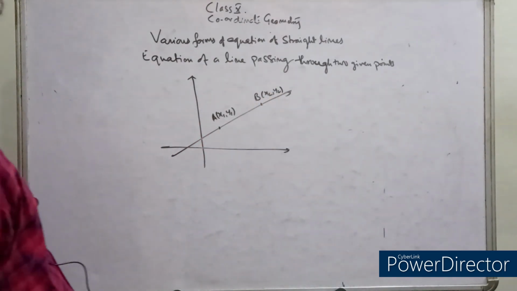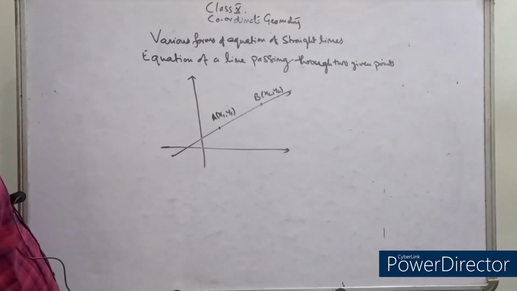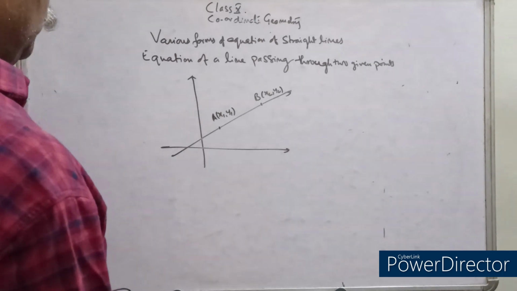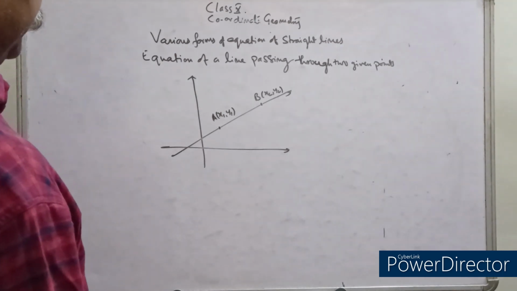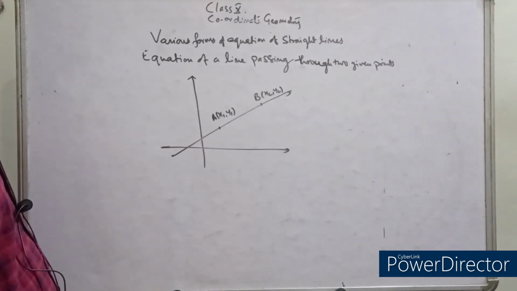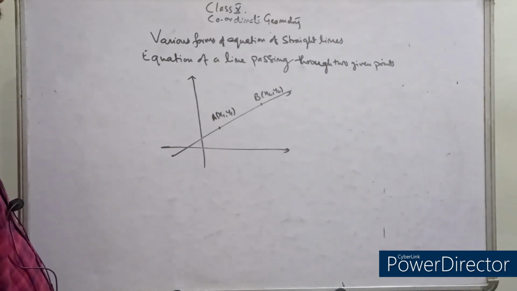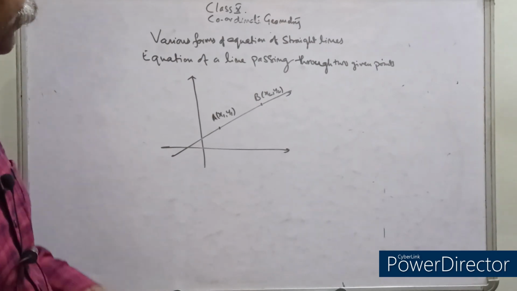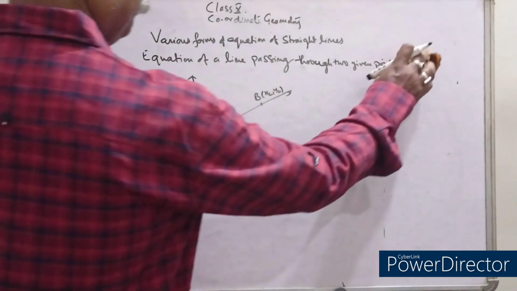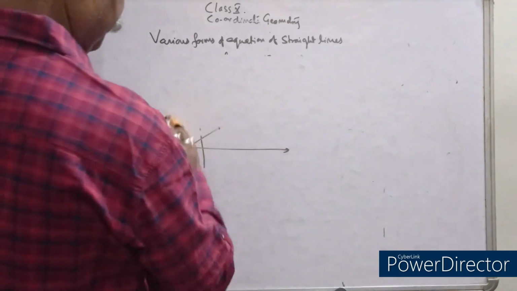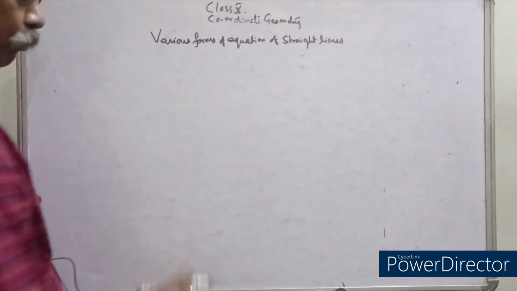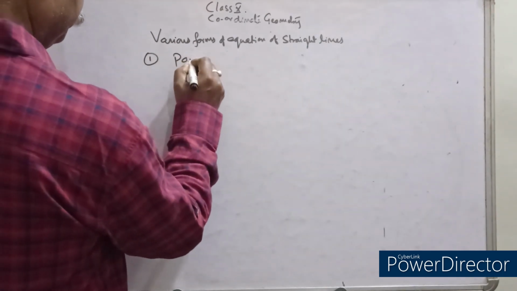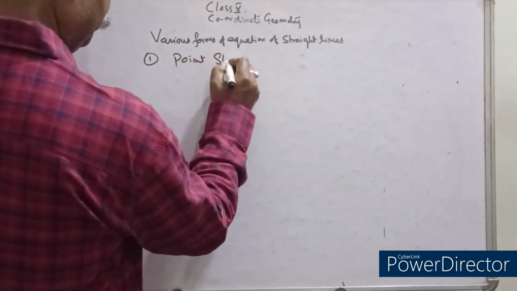So now you can solve it. But before doing this, I would like to derive one formula, that is the point slope form. Point slope form.